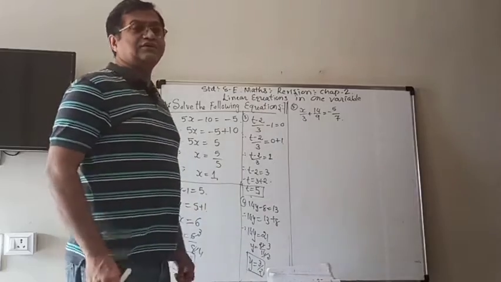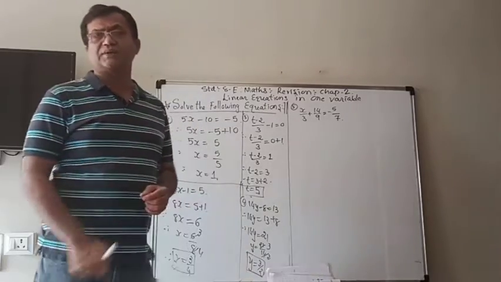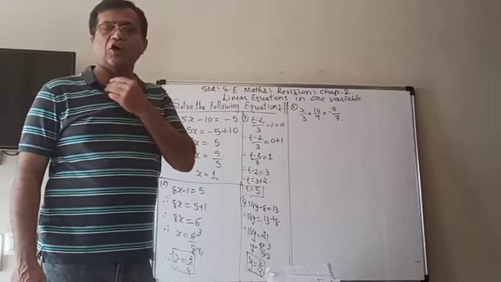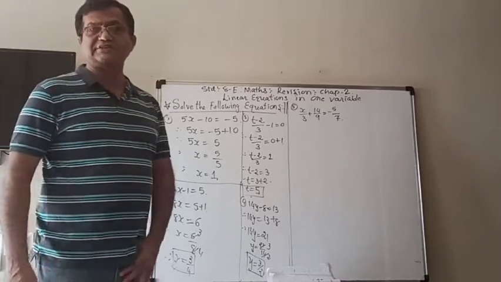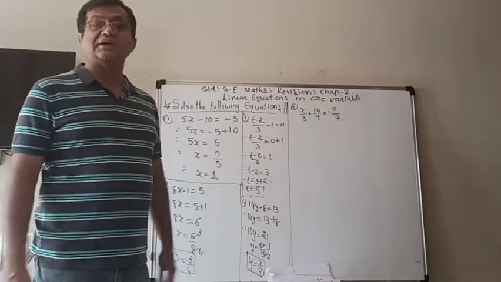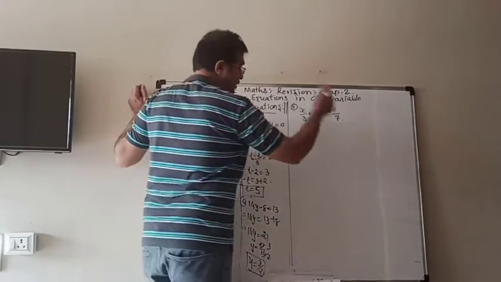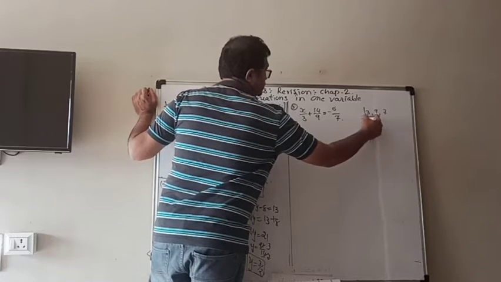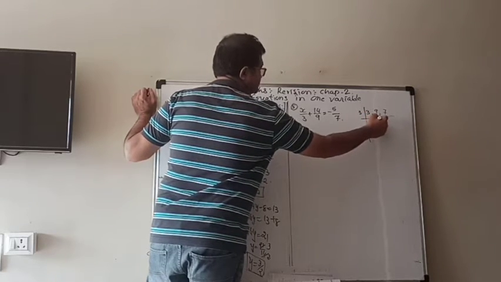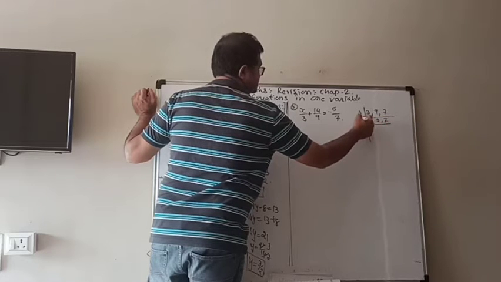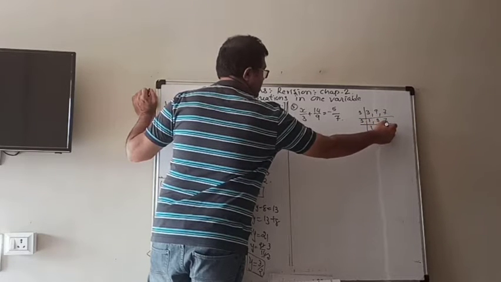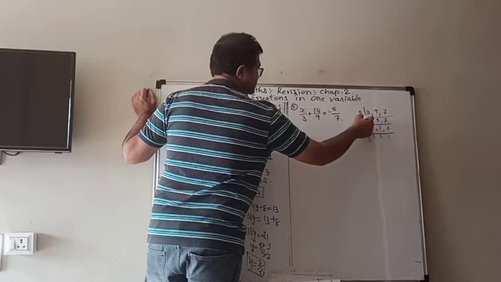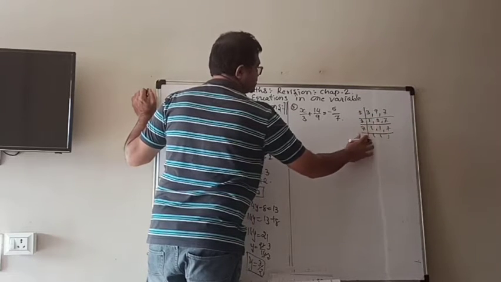So now when there are different denominators, the best way is to find the LCM and multiply all the terms with the LCM, so the denominator will be removed. So LCM of 3, 9 and 7 you have to do in rough. 3 threes are 9, 9 sevens are 63.